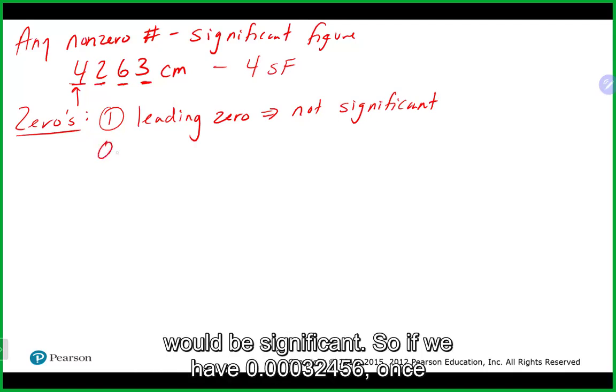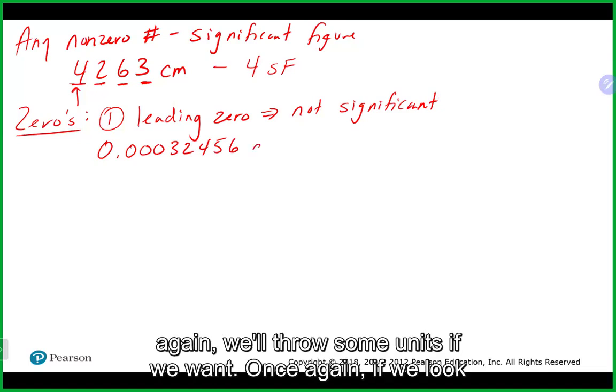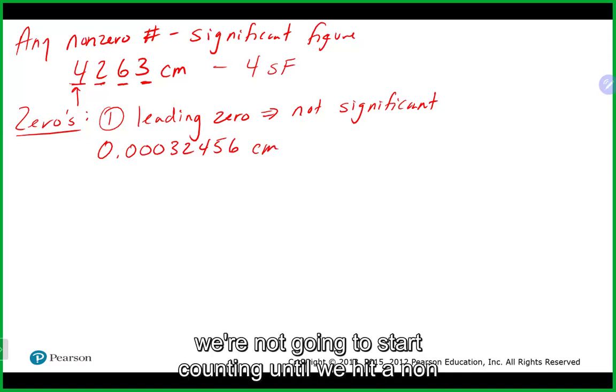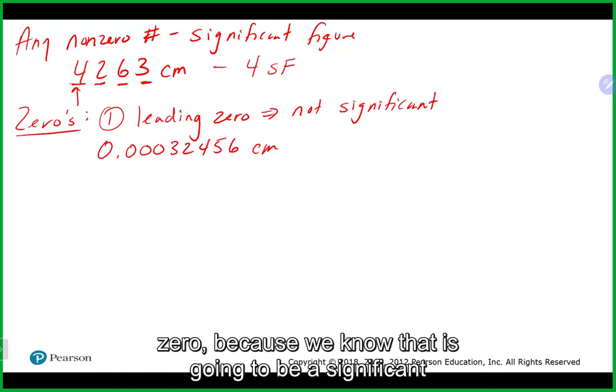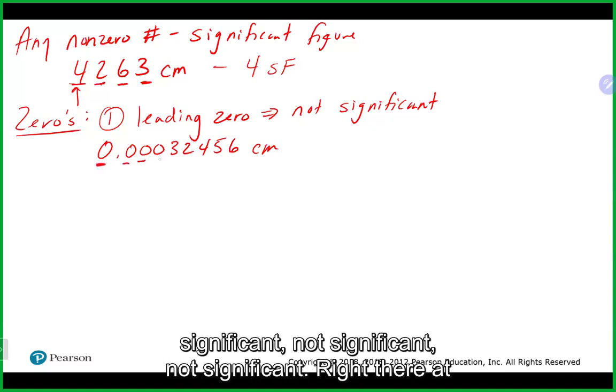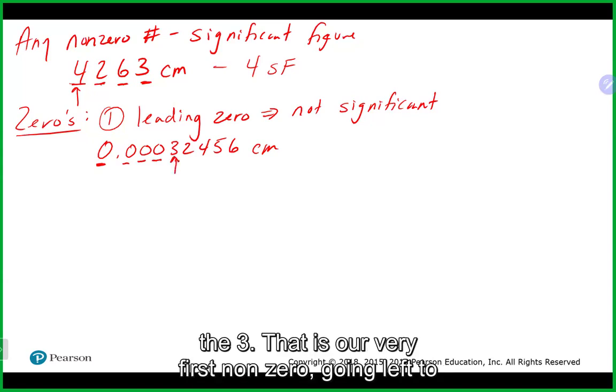So if we have 0.0003245, once again, we'll throw some units if we want. If we look at this number, we're going to go left to right. And again, we're not going to start counting until we hit a non-zero, because we know that is going to be a significant figure. So if we go here, that is a 0, not significant, not significant, not significant, not significant. Right there at the 3, that is our very first non-zero going left to right.